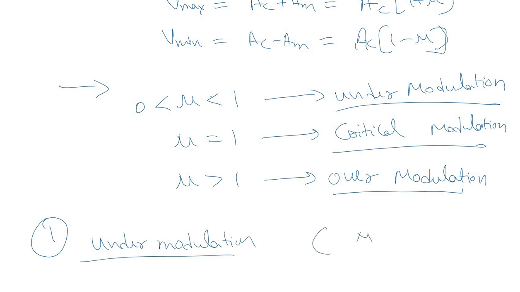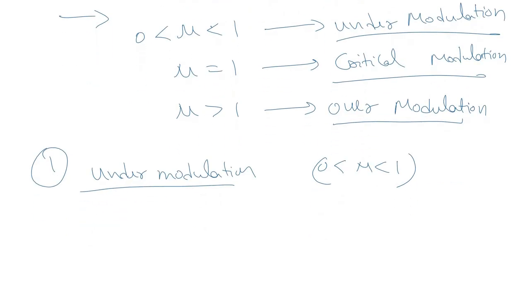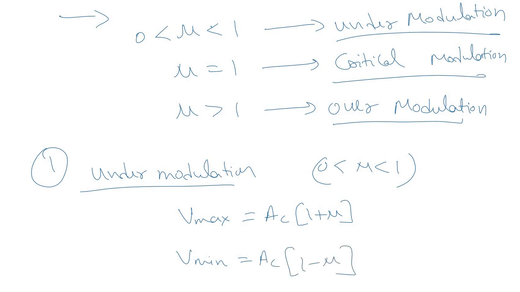Let us understand the first scenario, under modulation, where the value of mu lies between 0 and 1. We know that Vmax is equal to AC into 1 plus mu, and Vmin is equal to AC into 1 minus mu. For under modulation, both these quantities Vmax and Vmin will be positive.